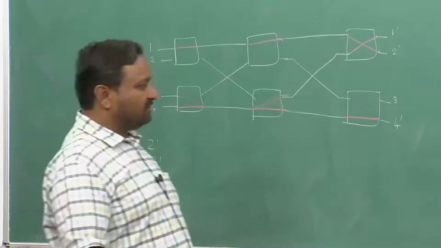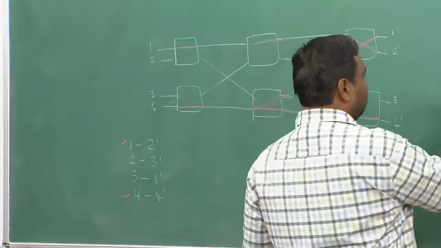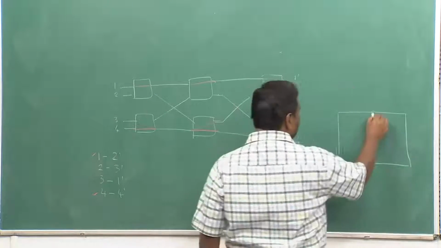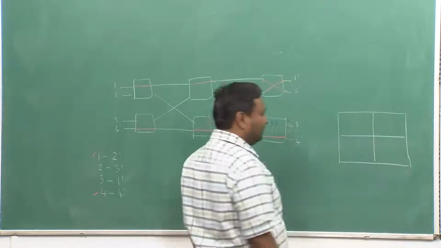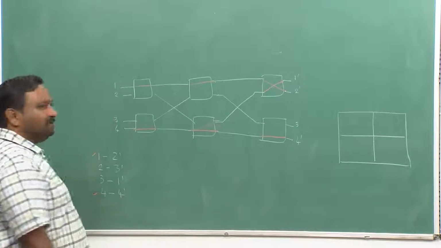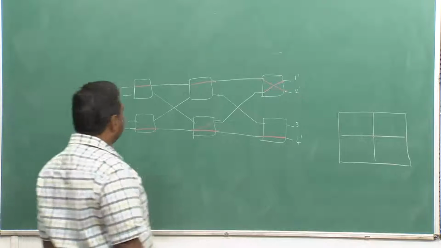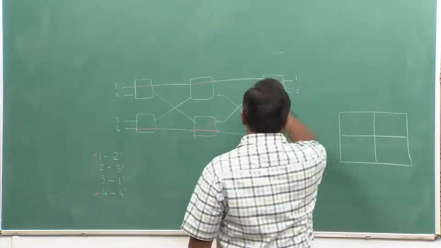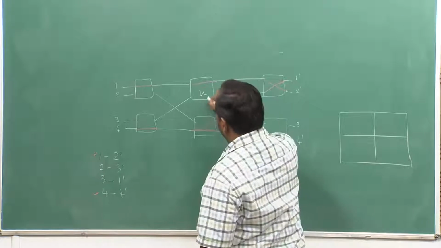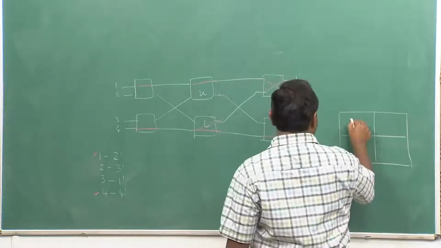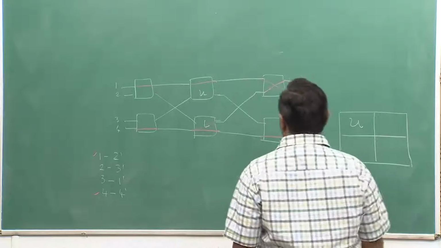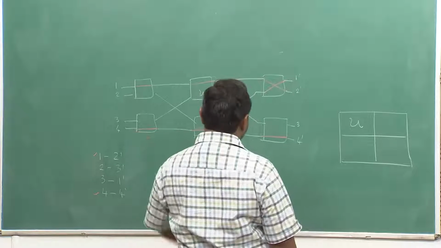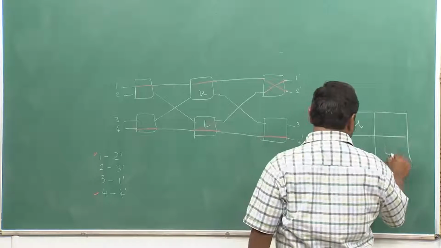So, let us look at the Paull's matrix correspondingly. In this case the Paull's matrix will be a 2 by 2, a very simple one. We can try out 8 by 8 also and do the same exercise. So, in this case 1 is connected to 2 via upper and 4 is connected to 4 via lower.